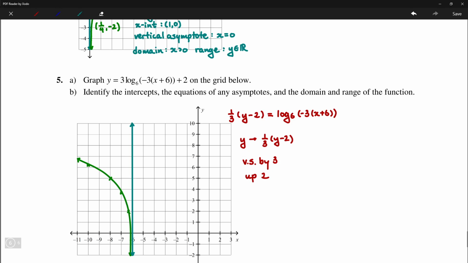And then we can examine what happened to the x variable as well. So the x variable became -3 (x plus 6). So that's 3 transformations altogether. There's a reflection over the y-axis.